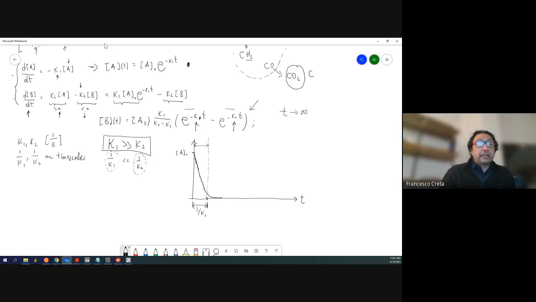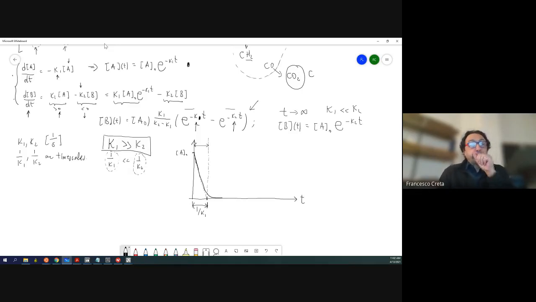But we know that the exponential with K1 will decay much faster. So the behavior is essentially B equal to A0 e to the minus K2 t.